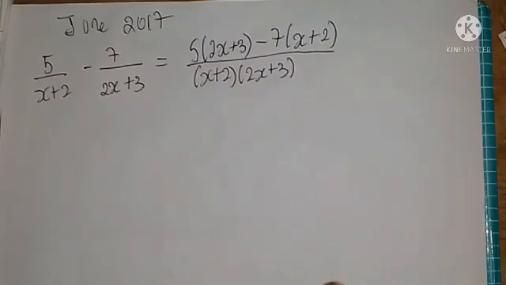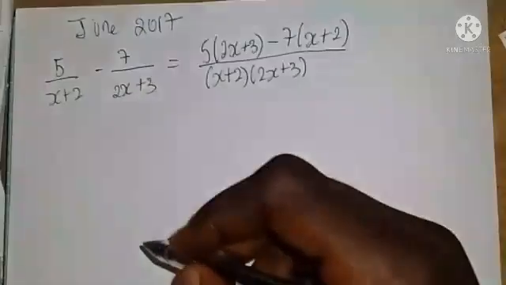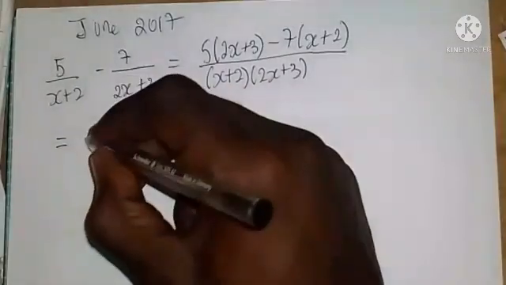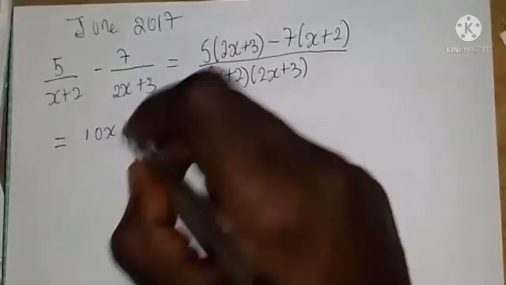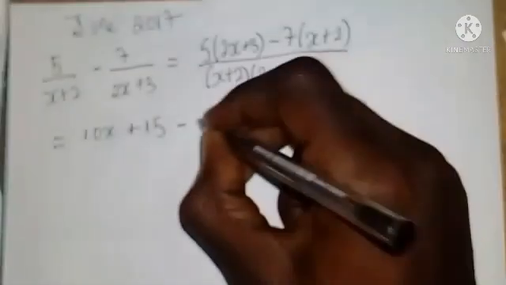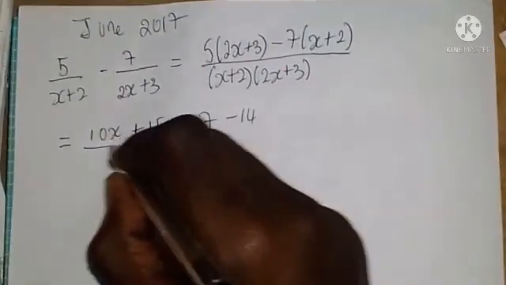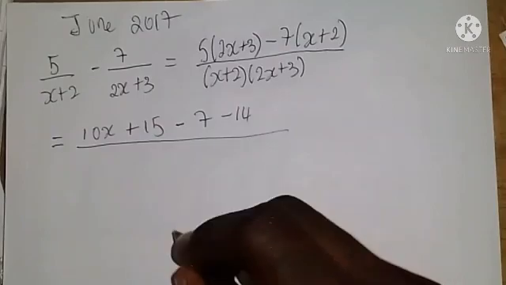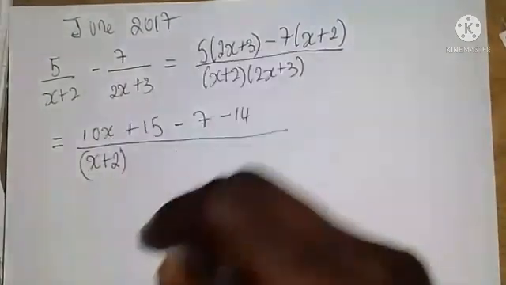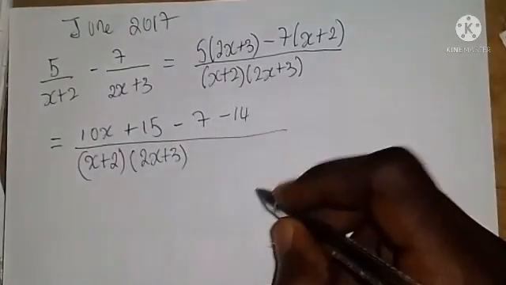Okay, so simplifying this, we're going to be having equal to 10x plus 15 minus 7x minus 14, divided by x plus 2 times 2x plus 3.